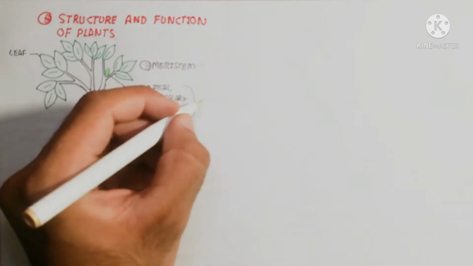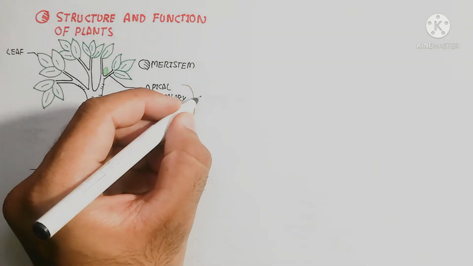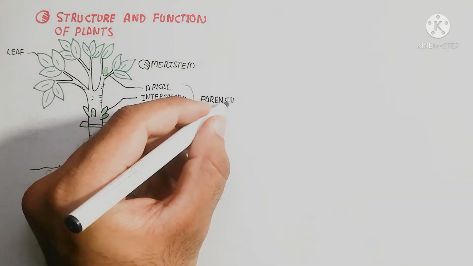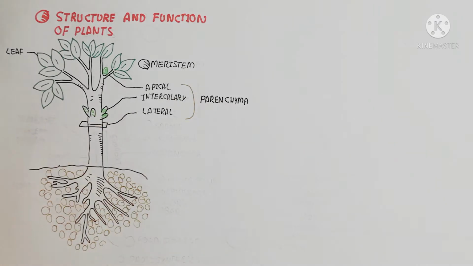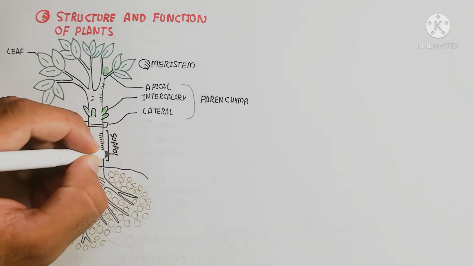So it means the meristem has the potential to divide, and its cell is parenchyma. The parenchyma cell is a living cell which has the ability to divide and differentiate.